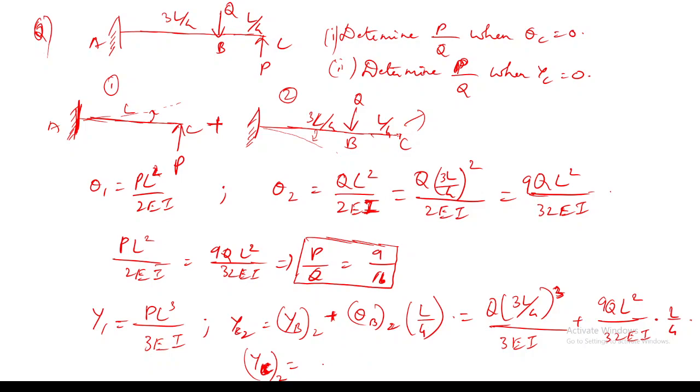What is the final answer you are getting? Okay. So it will be 27 by 128 into QL cube divided by EI.